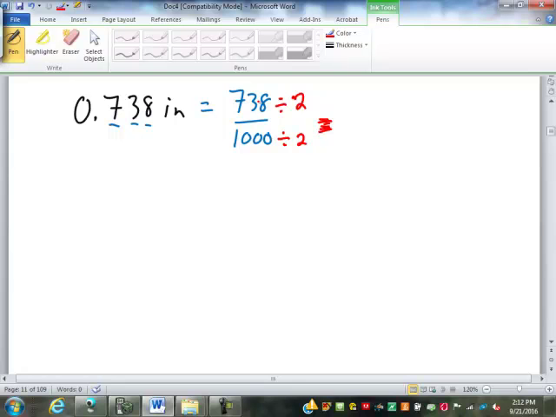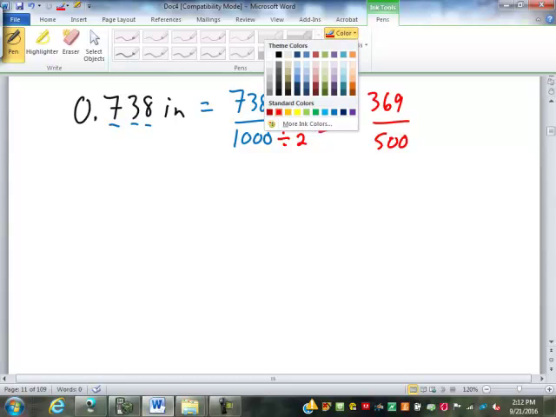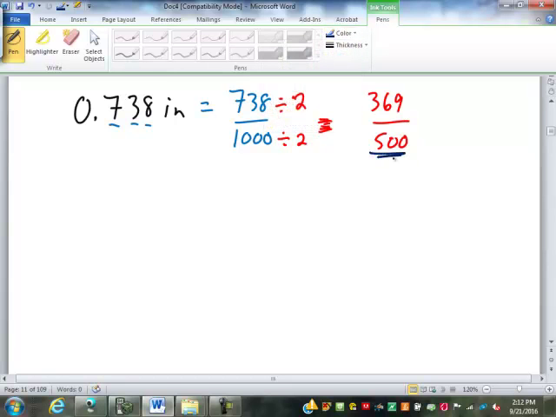They are both even, so we can divide by 2. 738 divided by 2 is 369, perfect. 1,000 divided by 2 is 500. Now looking at these, I know that this can't be reduced only because I know that 500 is really only divisible by 2's and 5's.